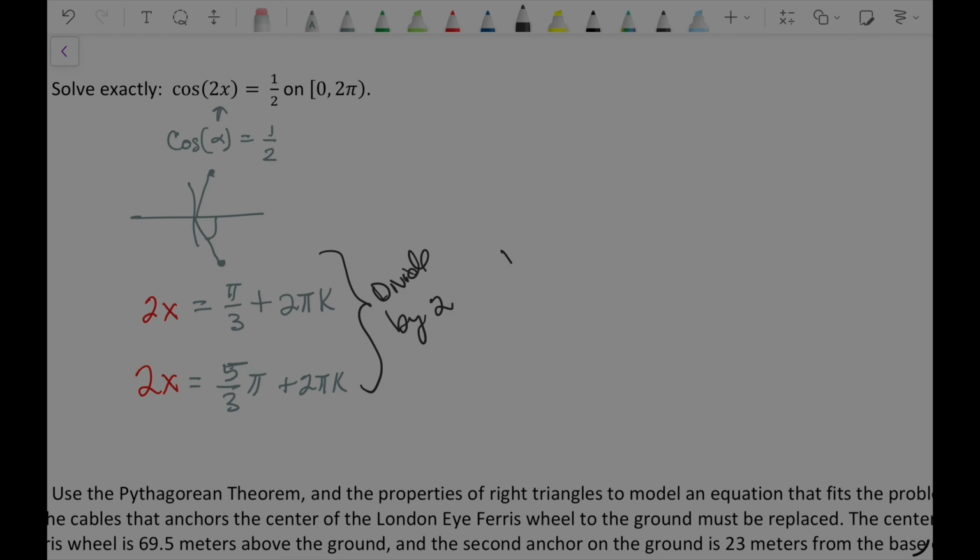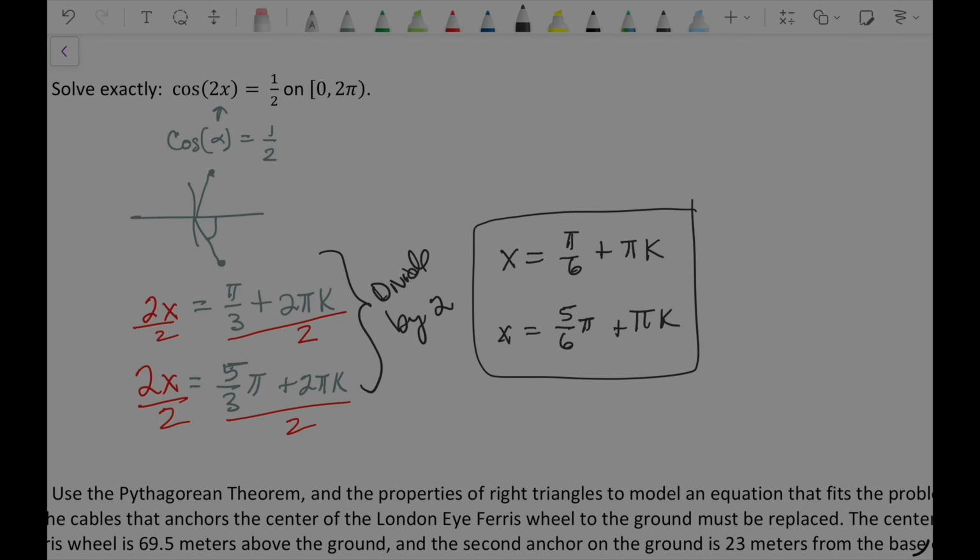If I divide by 2, I have to divide everything by 2. Same thing here. So this is going to become pi over 6 plus 1 pi k, and the bottom one is going to become 5 pi over 6 plus 1 pi k. And I don't need to write the 1. And this would be all solutions, okay?